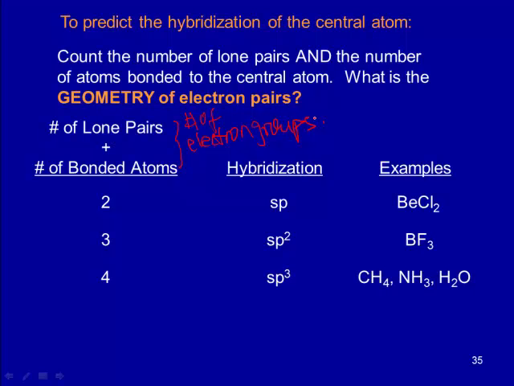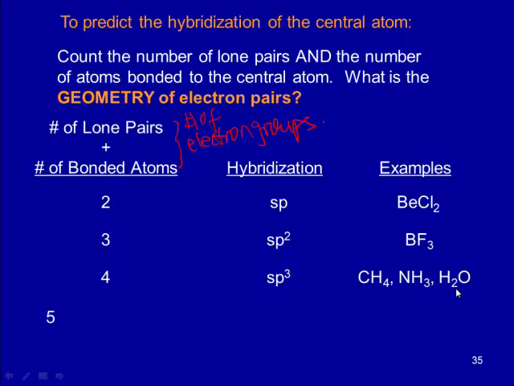The shape of that will be a tetrahedral. So you have methane, that will be a perfect tetrahedral. This starts deviating from the perfect tetrahedral by putting a lone pair on the nitrogen atom. H2O also, it's the same argument. Now you have this trigonal pyramid, and this is the bent.